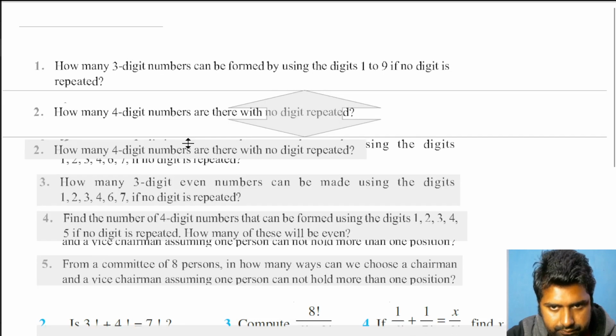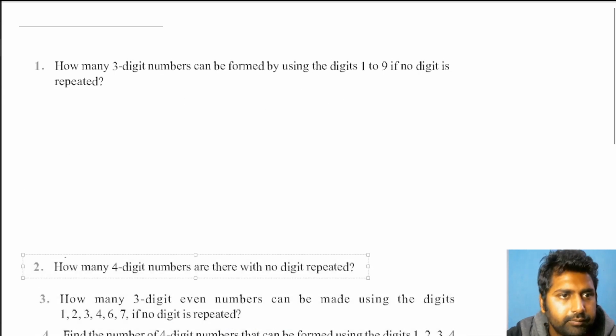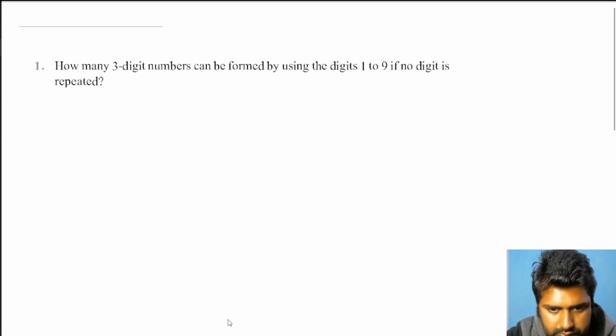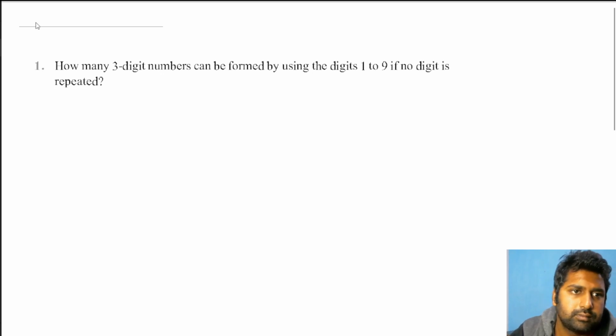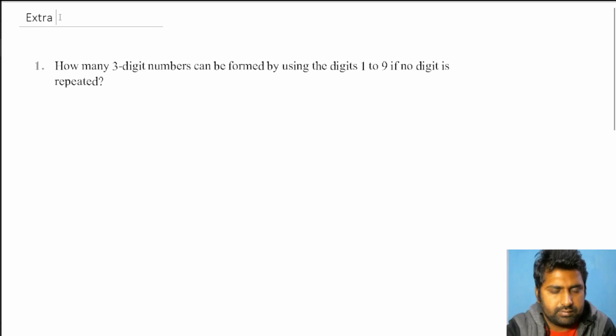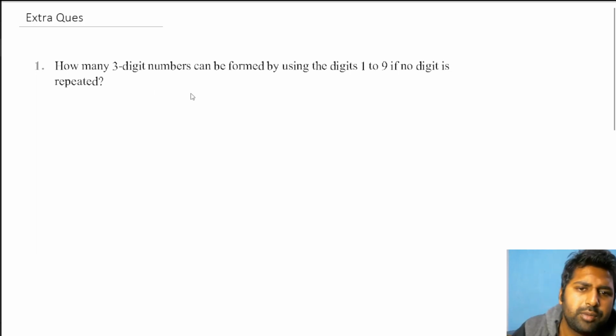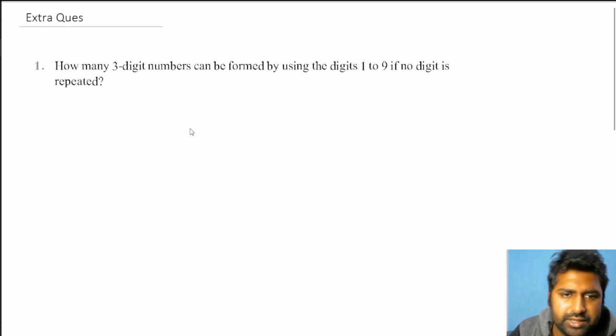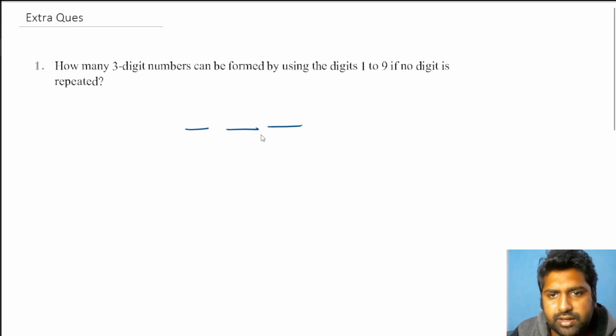So these are some extra questions for practice. He's saying how many 3-digit numbers are being created. So 3 dashes.